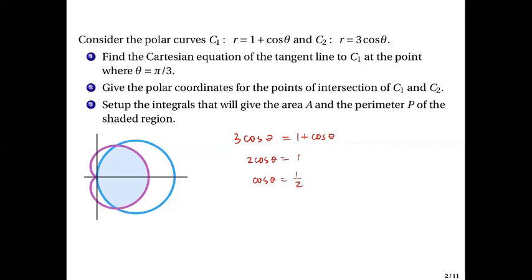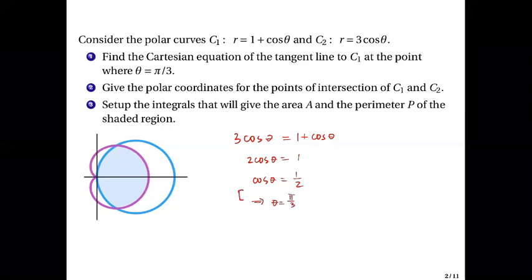But notice, if we only consider 0 to pi, the equation cosine theta equals 1/2 will only give us theta equals pi over 3.